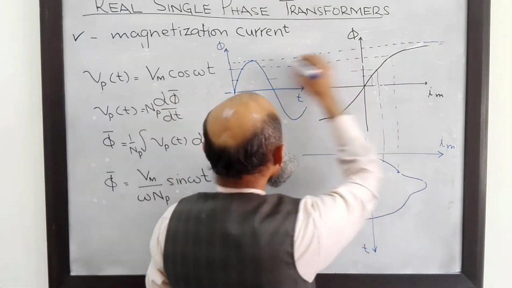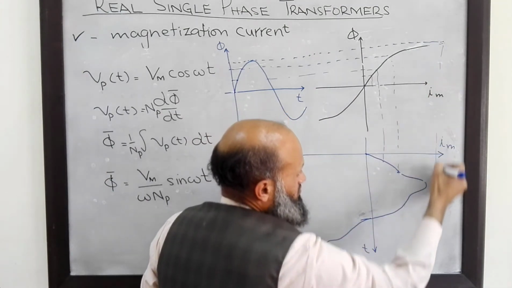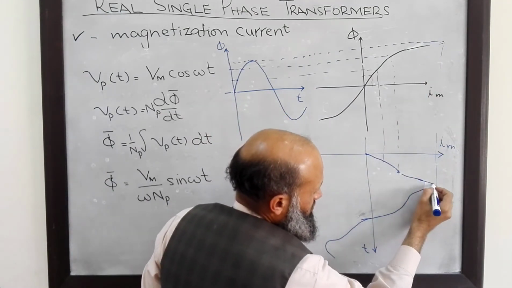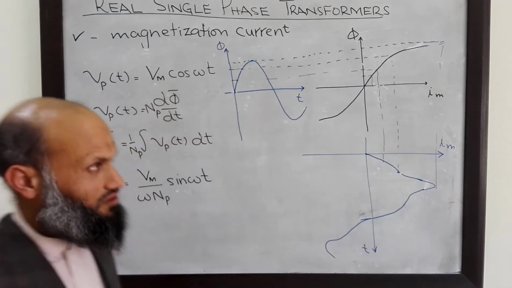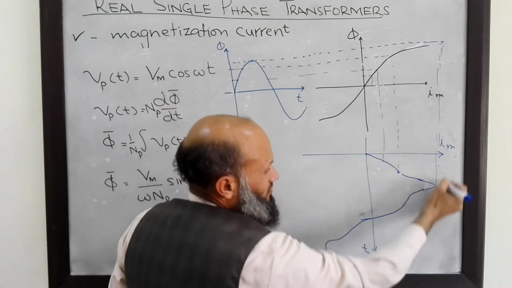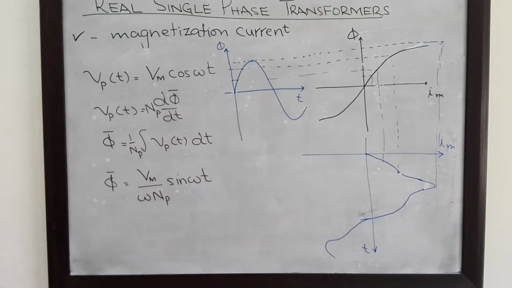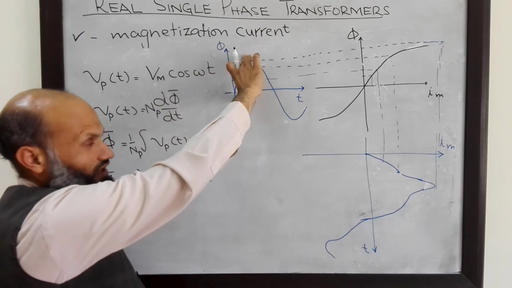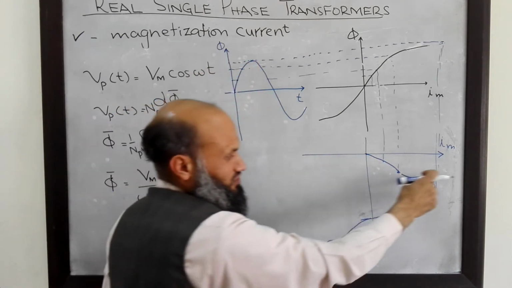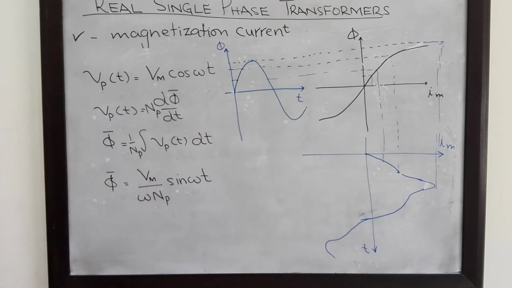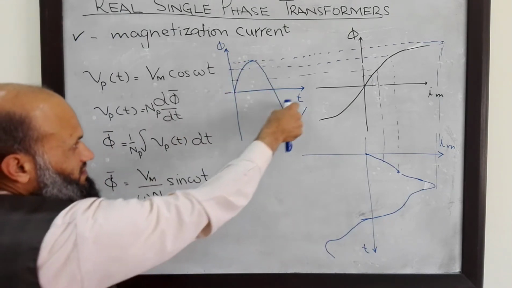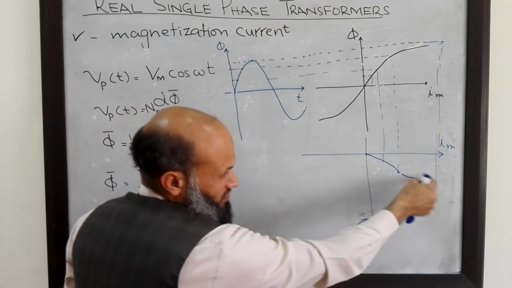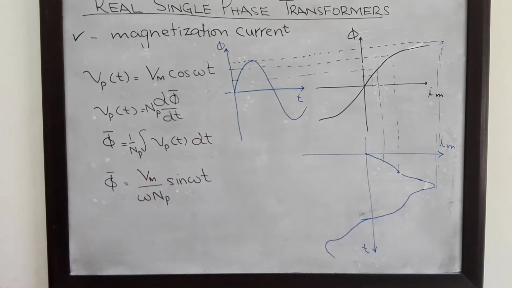So for this much flux, this much magnetization current will be required, right from this graph. So for a given shape of the flux, we can determine the required magnetization current. Although the flux is sinusoidal, the required magnetization current is not sinusoidal.